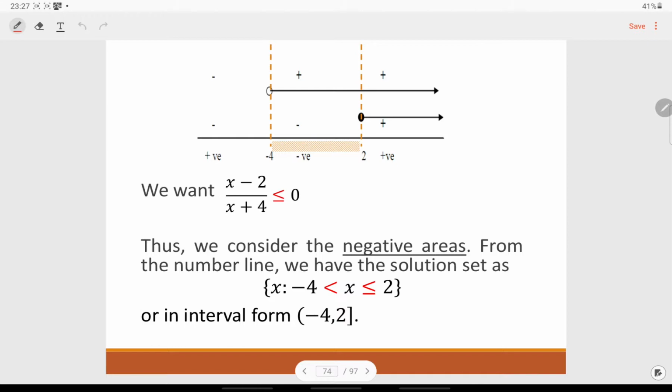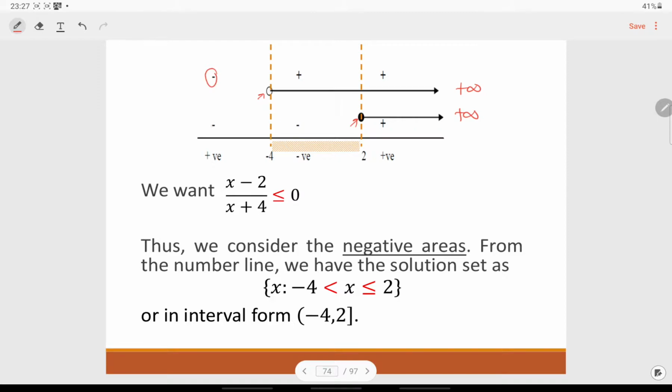Both arrows are pointing towards positive infinity. The first line represents the move from greater than negative 4, so we have this white circle. Another one is the move from 2, greater than or equal to 2, so we have this black circle. The area without lines is assigned as negative.